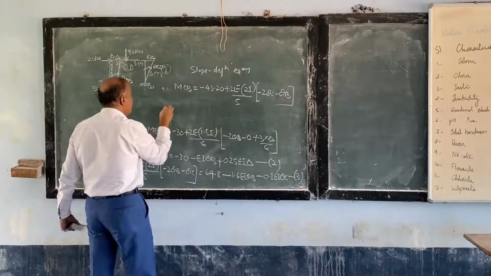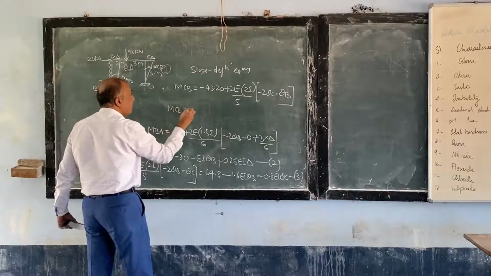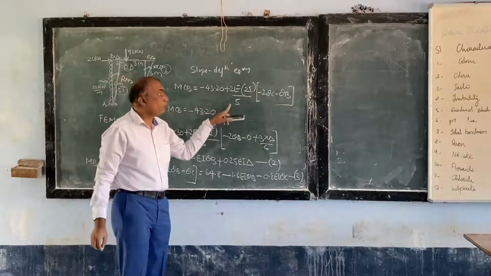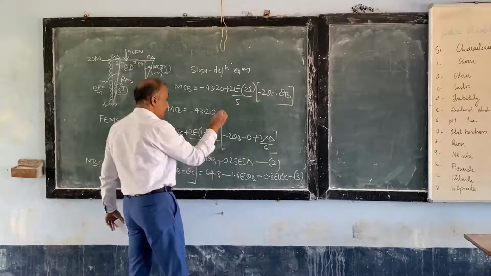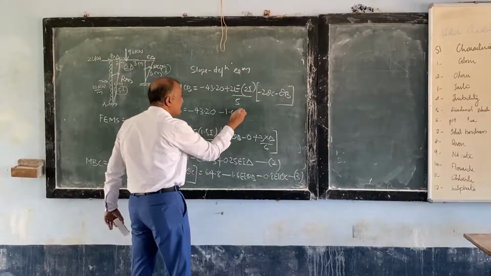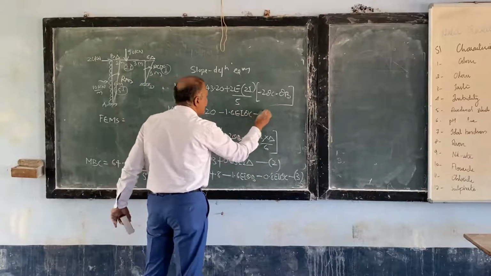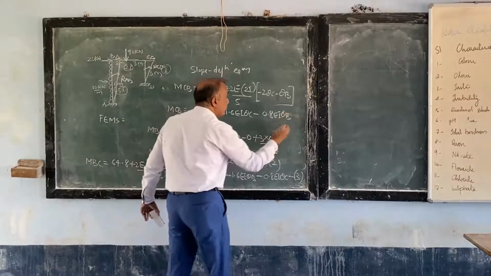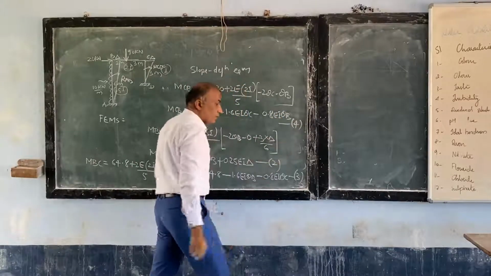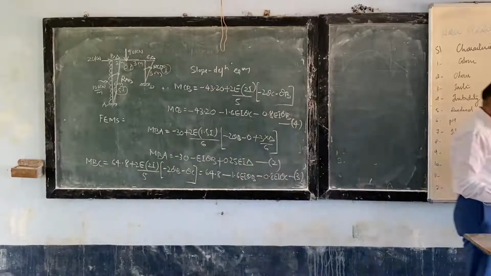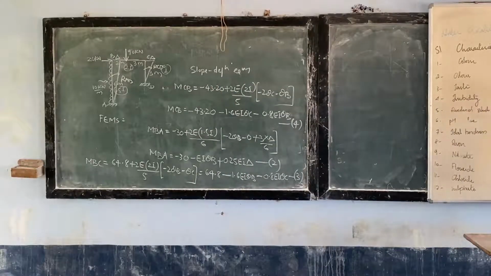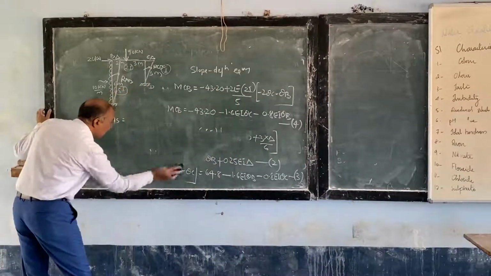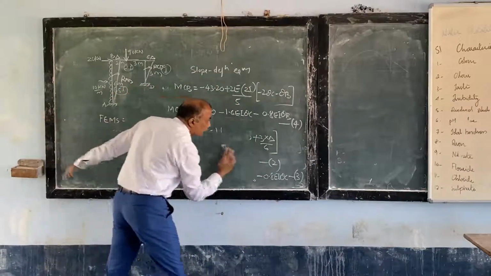So MCB becomes minus 43.20. 2 into 2, 4 by 5, 0.8 into 2, 1.6, minus 1.6 EI theta C minus 0.8 EI theta B. This is your fourth equation. So 4 equations we have written. Another 2 equations are there. What are those 2 equations?